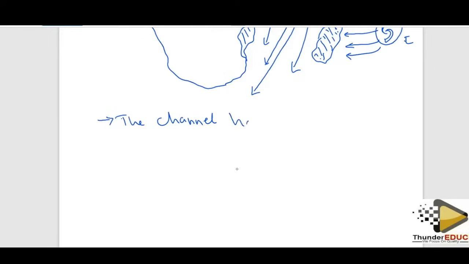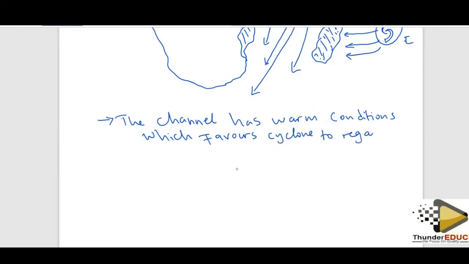The Mozambique channel has warm conditions, which favors the cyclone to regain its energy, such as latent heat.